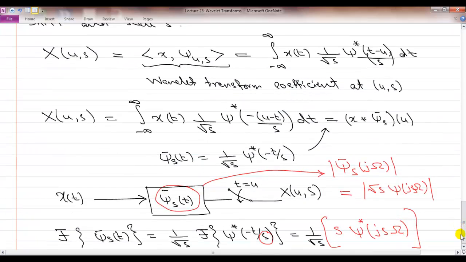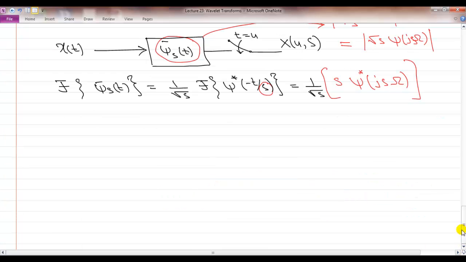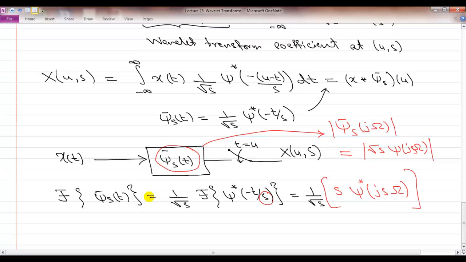So the wavelet coefficient at scale s, for every time shift, is nothing but filtering your signal through a bandpass filter, where the bandpass filter's Fourier transform is given by this expression. And what does this expression mean? This means that the bandpass filter is situated at omega naught over s.